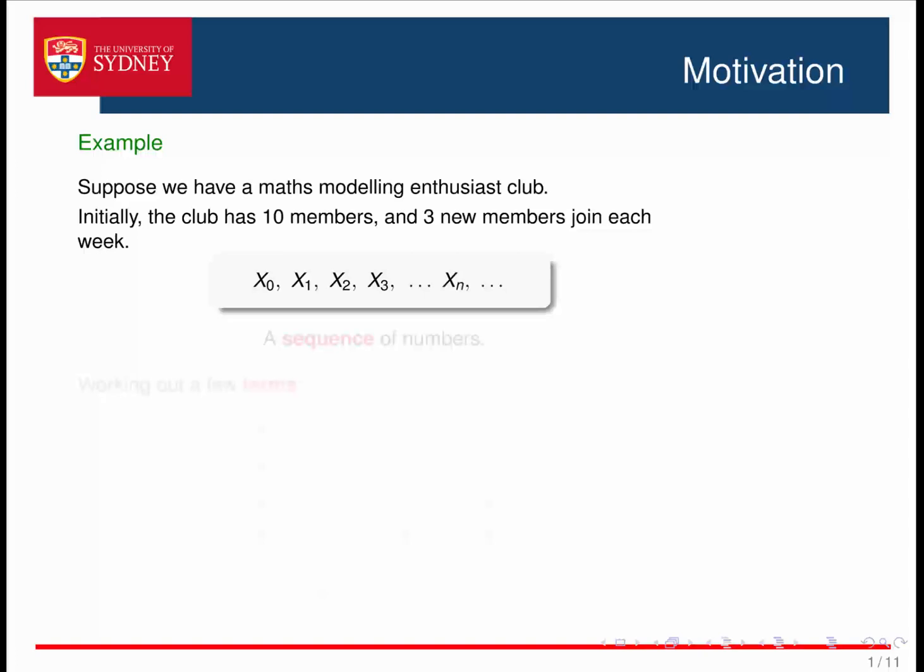And so in general, the number of people in the club after n weeks is xn. The terms x0, x1, x2 and so forth form a sequence of numbers. Let's work out precisely what the terms are and thus see how the membership of our budding club is changing over the weeks.